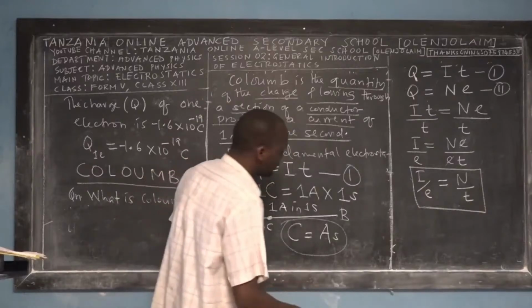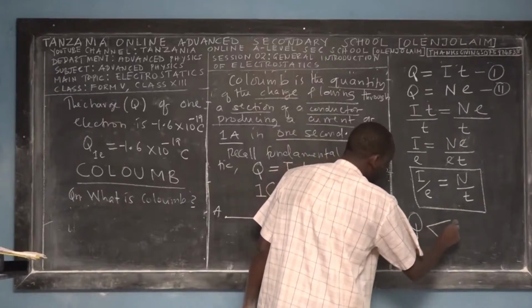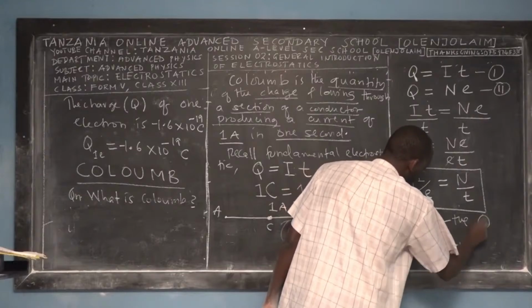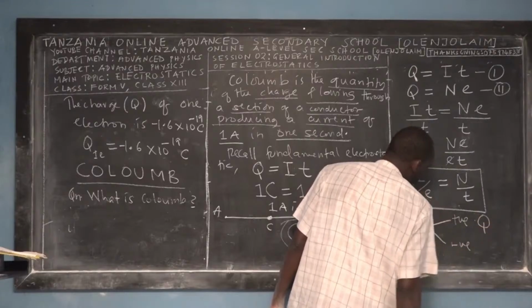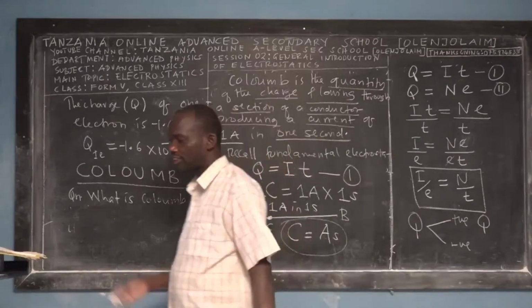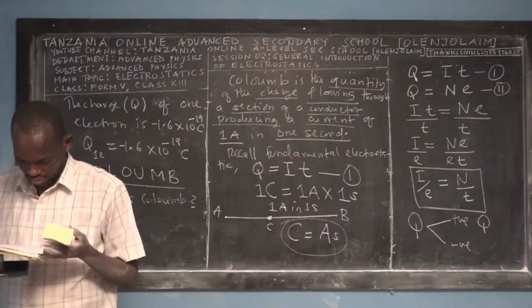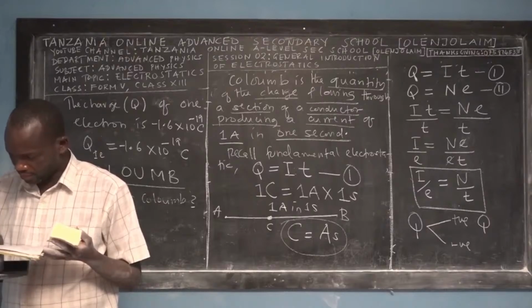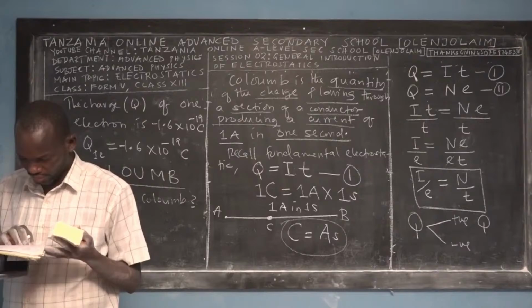Again, we have quantity of charge. We have two types of charge: positive charge and negative charge. In physics, the positive charge we write like this. Let me look whether this positive sign is written as a suffix or prefix, because I want to give you true information.